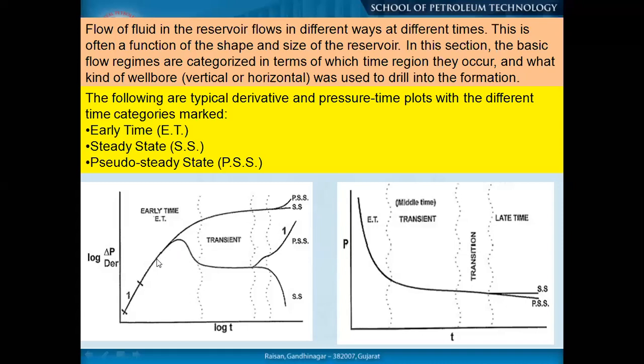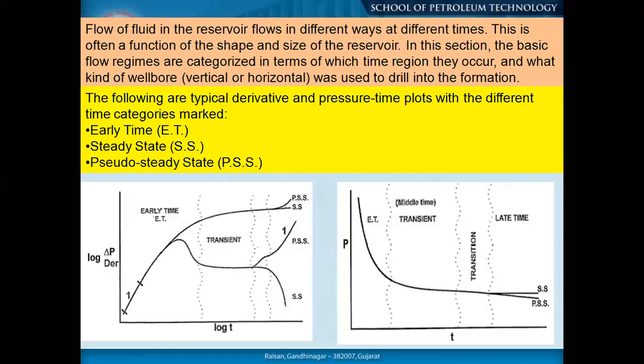Positive, because when we are calculating the derivative, you know how to calculate it: the initial pressure minus the earlier pressure, and the initial time minus the earlier time. That difference is giving you initially positive, and then when you have supply from the reservoir, you get a negative slope. We may discuss it sometimes because all mathematics is involved here. If time permits, we'll definitely discuss in future classes.